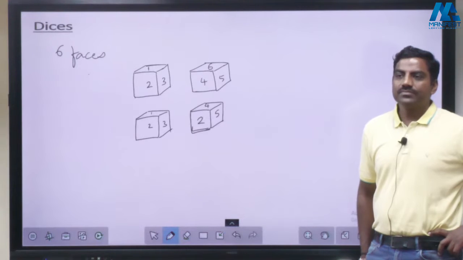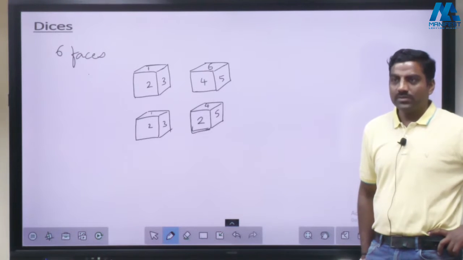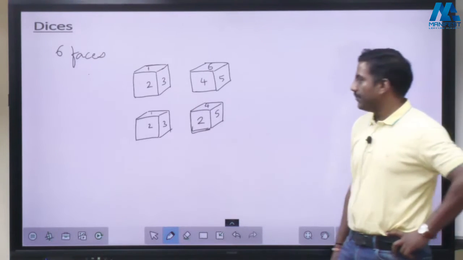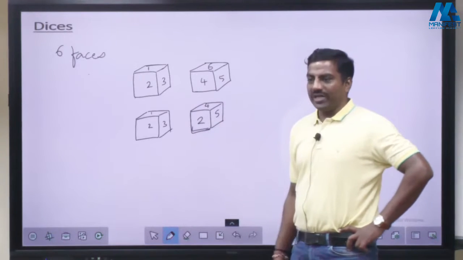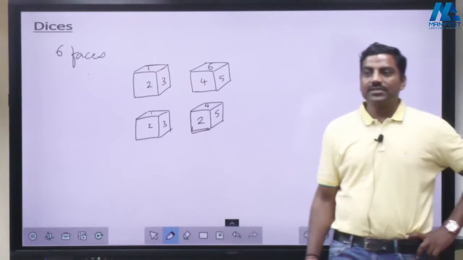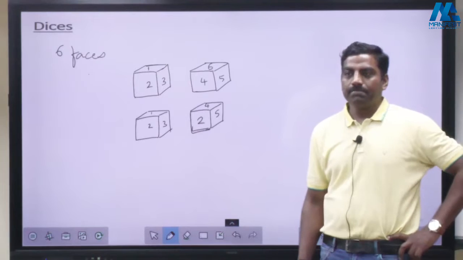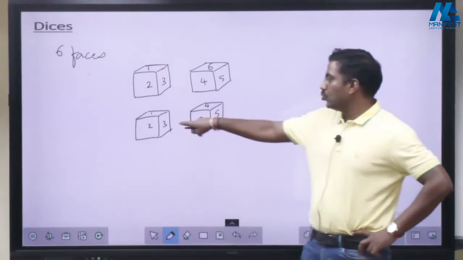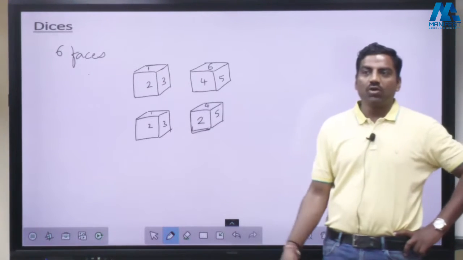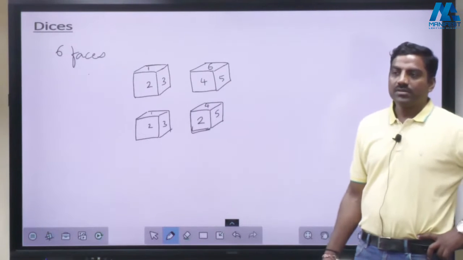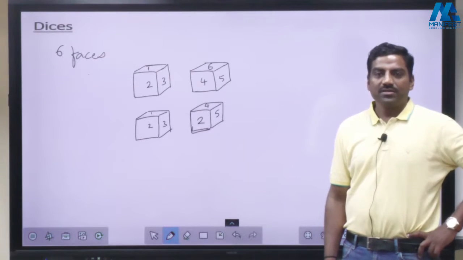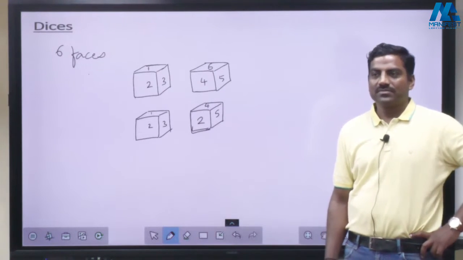The other one is 6, no? Among these 5 faces, which face are you seeing twice? 2. Which face are you not seeing? 6. That means 2 is opposite of 6.